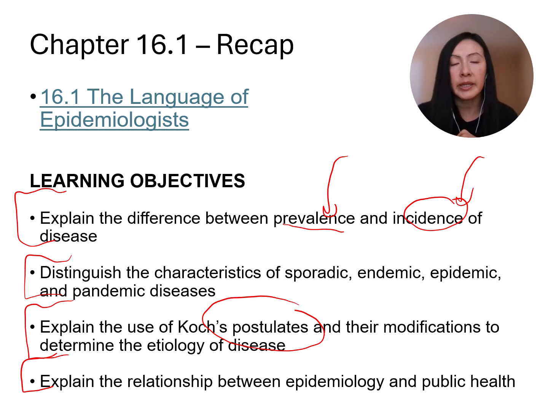We have our public health organizations like the CDC and the World Health Organization, who rely on this data to monitor notifiable diseases, publish reports like the MMWR, and also develop control measures. So in short, epidemiology provides the scientific evidence, and public health applies it to protect communities from disease and injury.